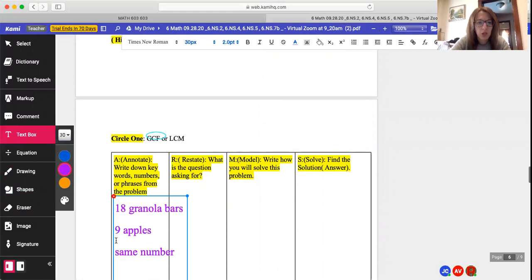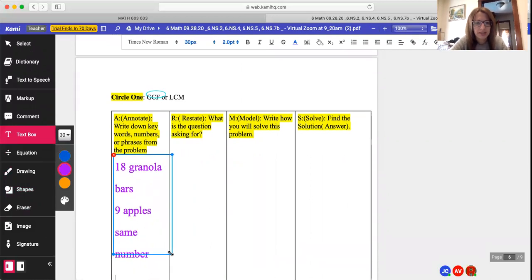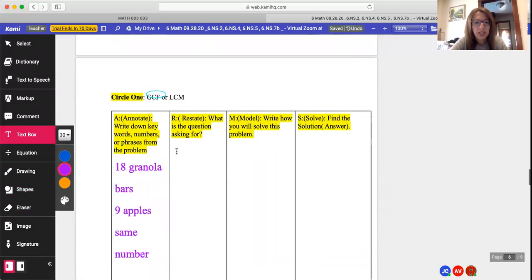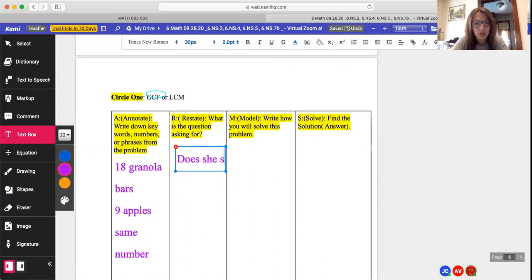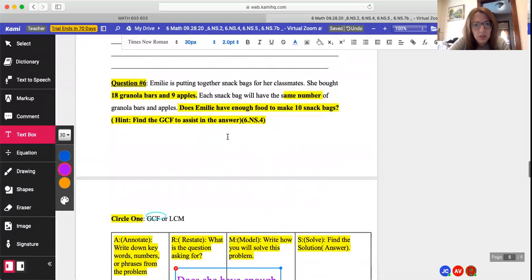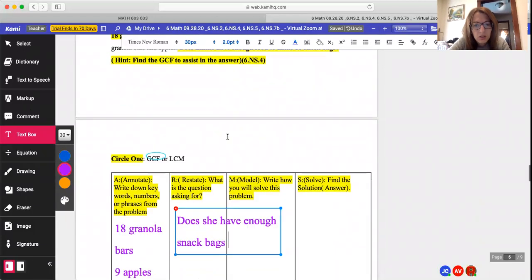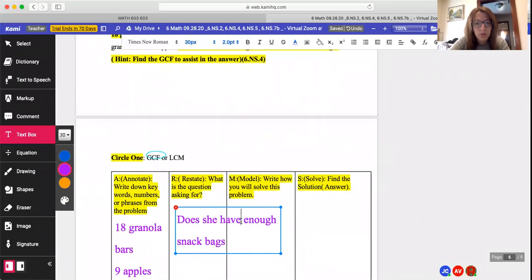And we want to know if she has 10, does she have enough? Does she have enough food to make 10 snack bags is what you have to figure out.